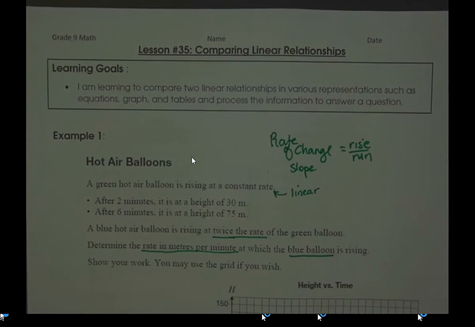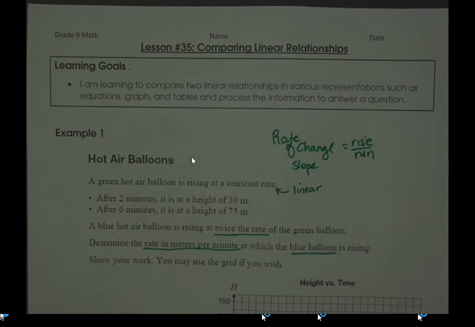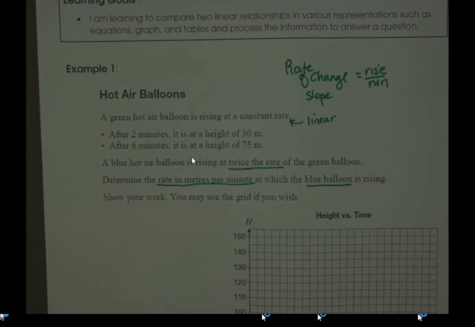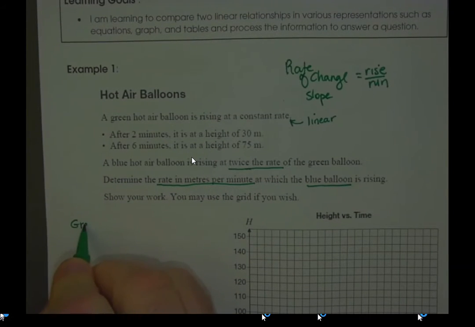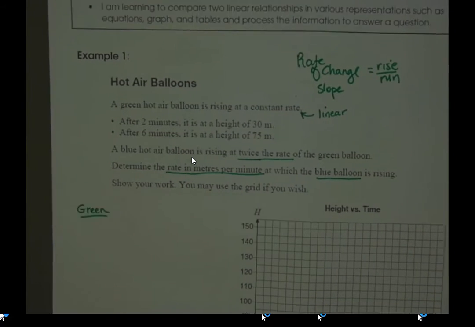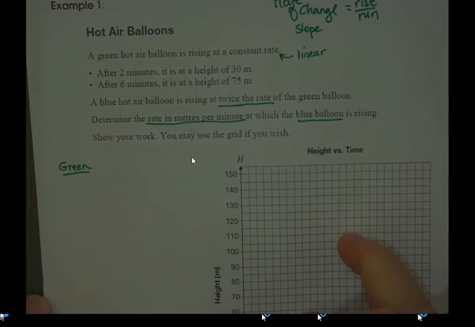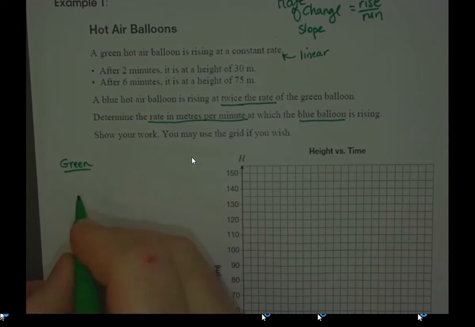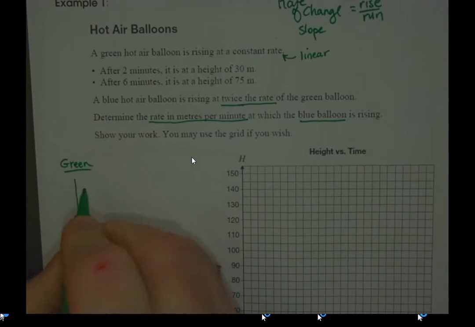So when we're looking at this, we're looking at two scenarios. We've got the green balloon. And we could do this in multiple ways. We can plot it on a graph, or we can make a table. So what do we know?